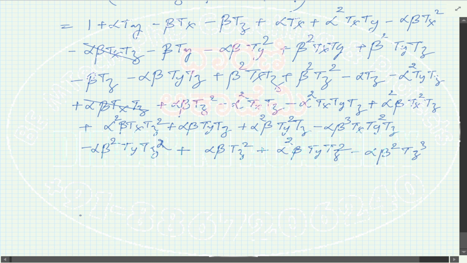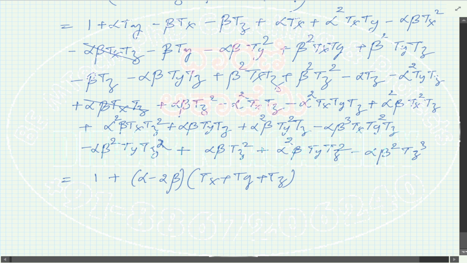Like this we can keep continuing the multiplication, and finally we are going to generate a number after all the cancellation, right? You get this term as 1 plus alpha minus 2 beta into tx plus ty plus tz. So alpha minus 2 beta terms will come for each and every tx, ty, tz.